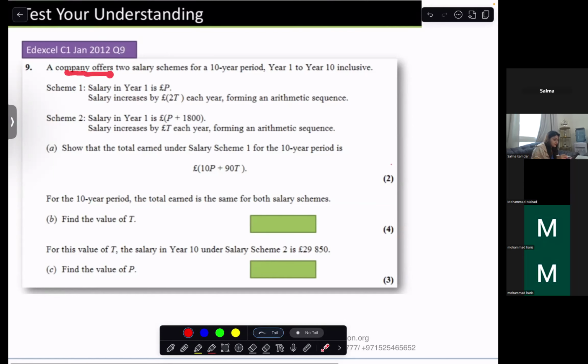A company offers two salary schemes for a 10-year period, year 1 to year 10. What does this tell me? That this question will be related to a 10-year period. This is telling me n is 10. Okay, fine. Read ahead.